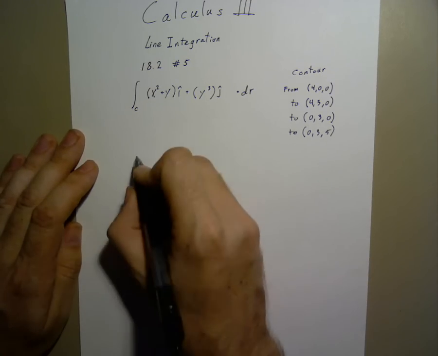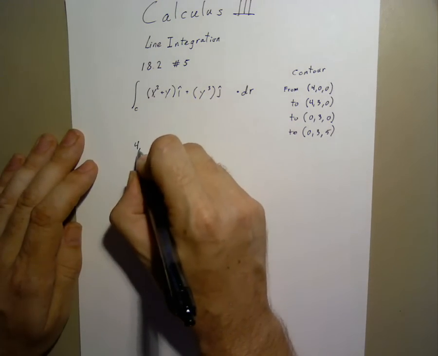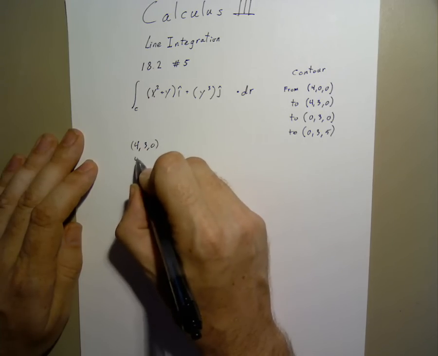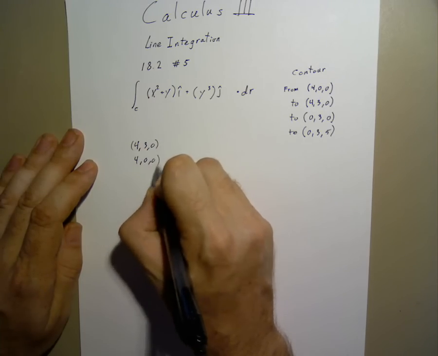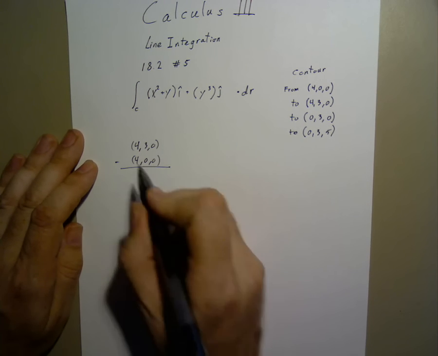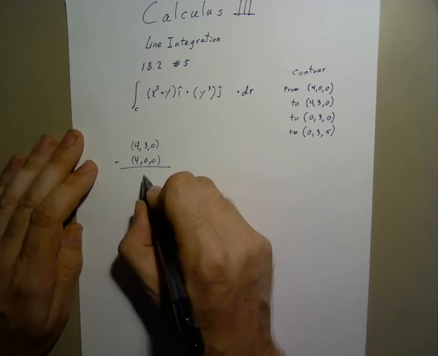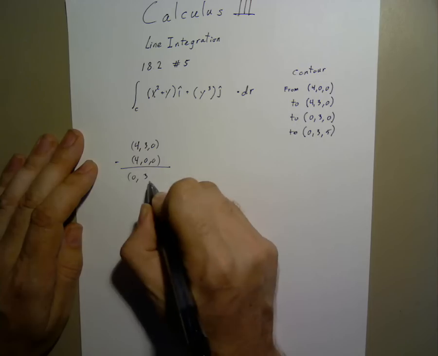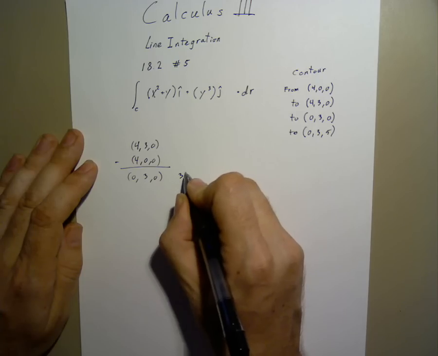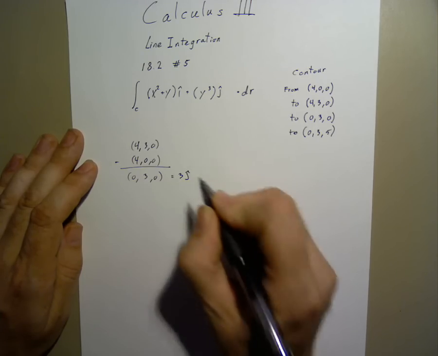We can do this by subtracting 4, 3, 0 from 4, 0, 0. Final minus initial. When we subtract, we get 0, 3, 0, or simply 3 j hat.